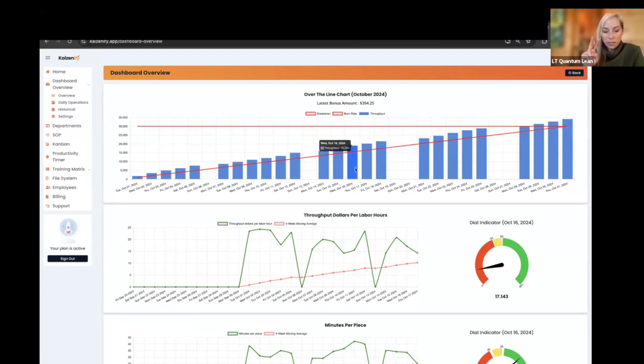So there's 2 ways to impact this bonus, and that is to raise throughput dollars or to lower this expenses line, right? So now your employees are thinking more like owners when you get to the point where you're sharing this with people, and they're coming up with ways to reduce your expenses and coming up with ways to improve your processes so that you can get higher throughput dollars.